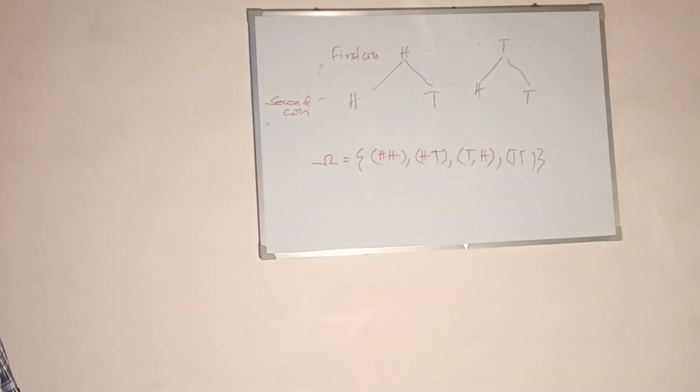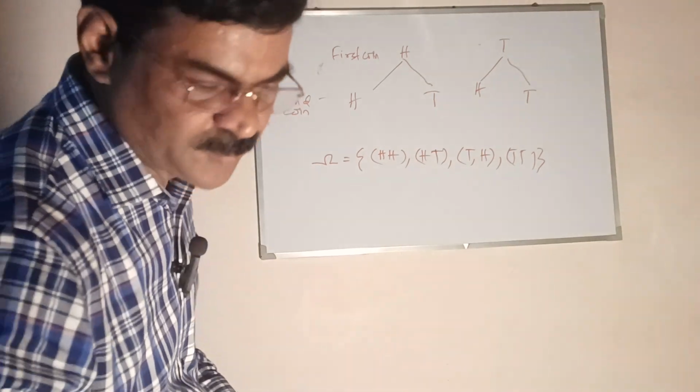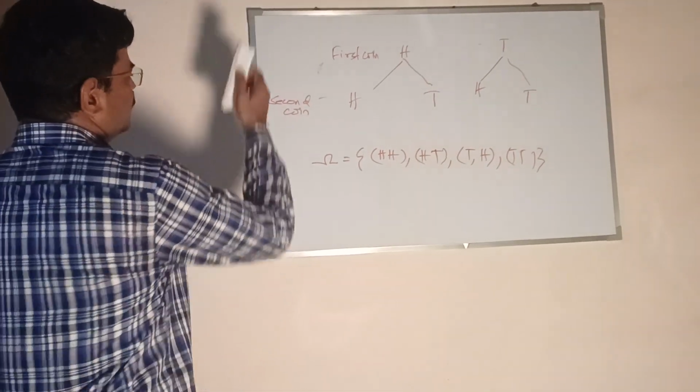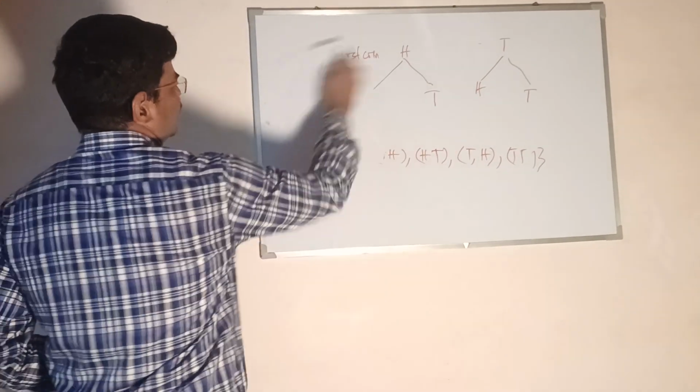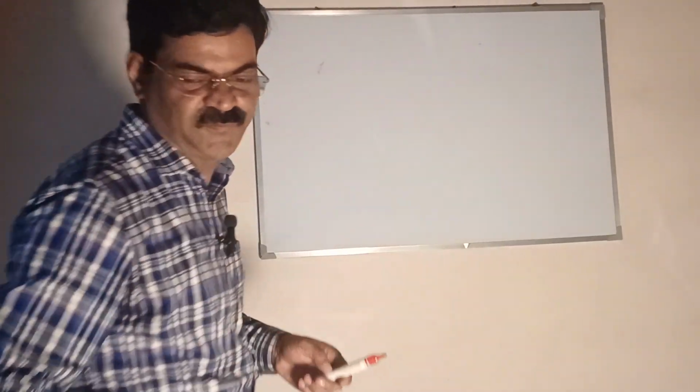Now I define the probability of an event. So now I come to the second definition of this lecture after experiment.